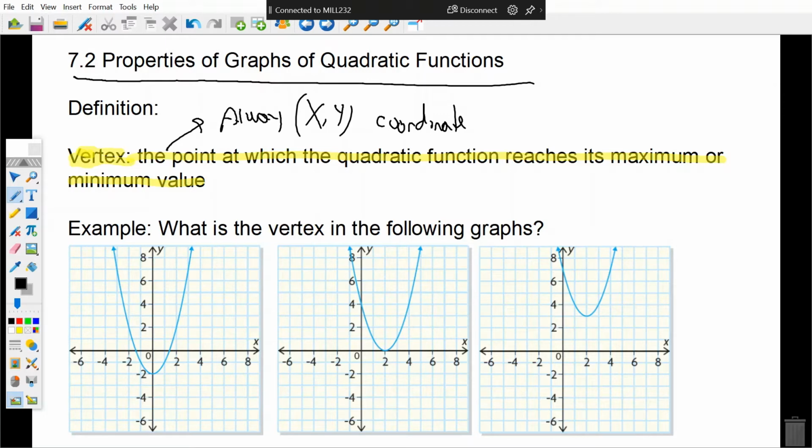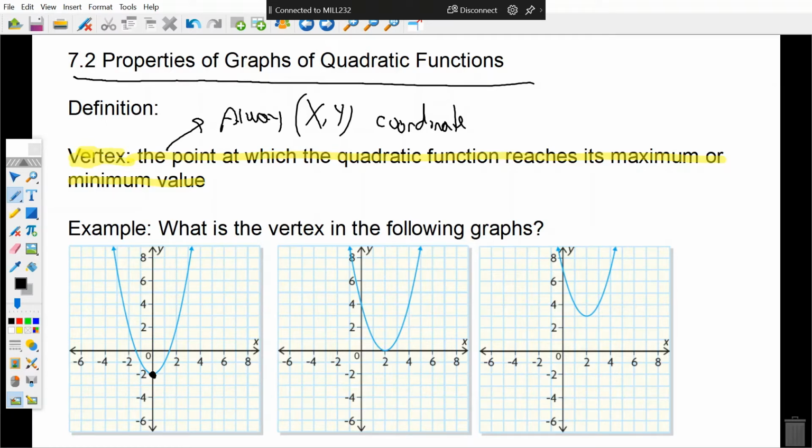It says the point at which the quadratic function reaches its maximum or minimum value. So what that means is the vertex for this one is right here. The vertex is basically the spot where the parabola changes direction. So if the line was going down, and then starts to go back up, that vertex is where it changes direction.